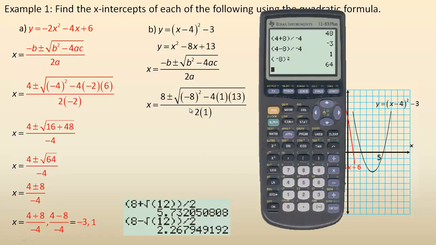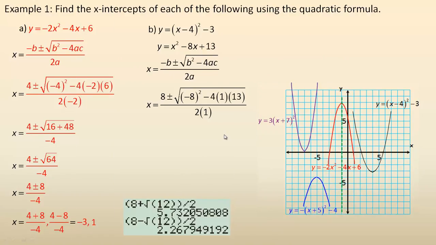That's going to be 64. And then negative 4 times 1. Don't really need to bother with the 1, really. Times 13. So it's going to be 64, take away 52 underneath the root here. And I guess I'll do that subtraction just to show. So 64 minus 52, which of course is 12.